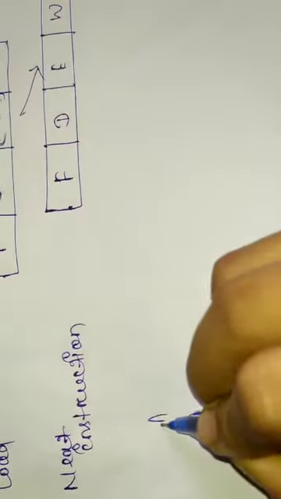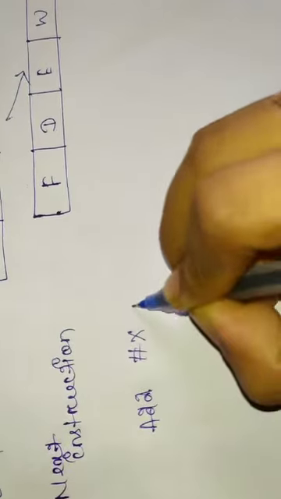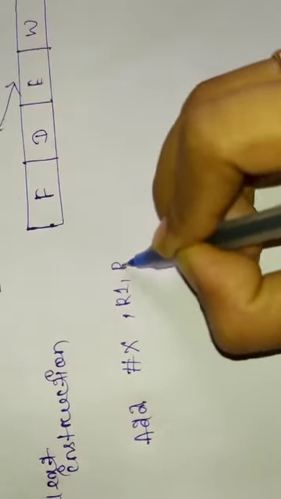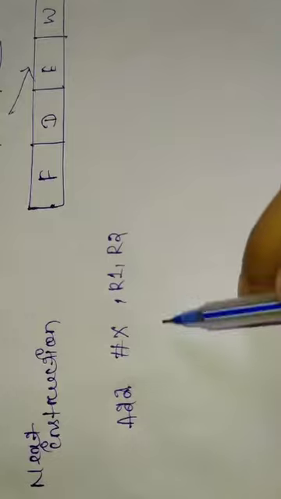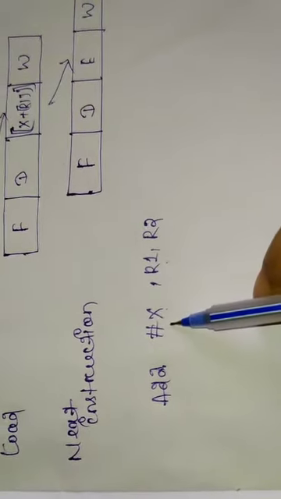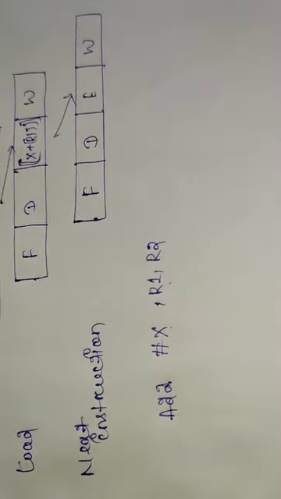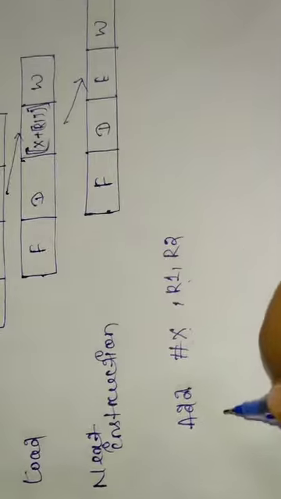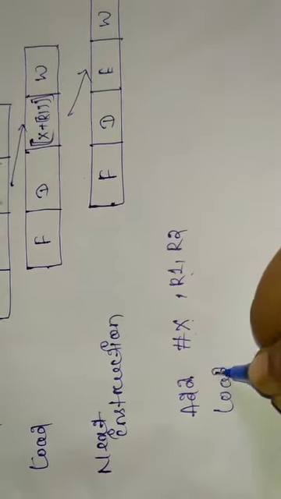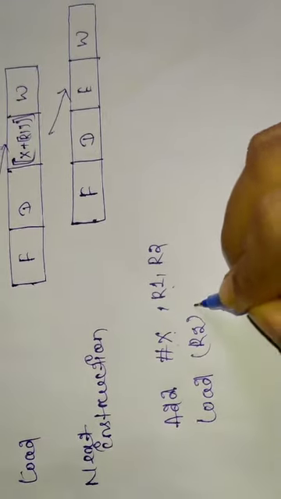So what are the instructions? First we add the offset into R1, giving R2. As we know, we have to add this offset value into R1, so here I am taking it as an immediate value, immediate addressing mode. Here only immediate addressing mode we are using, no complex one. Then load the content into R2.